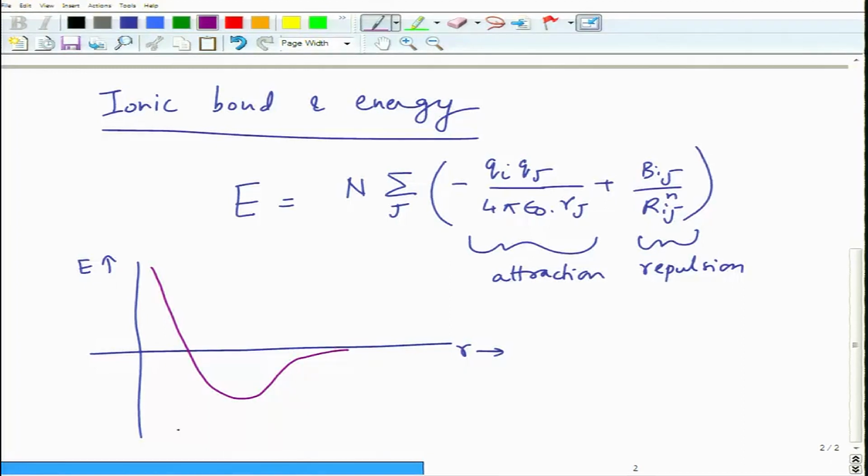Okay, and basically at certain separation distance R naught, you have net attraction between the components, and basically this is where the energy is equal to 0. So this defines, let us say, the equilibrium separation distance.